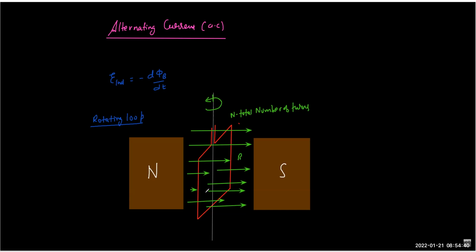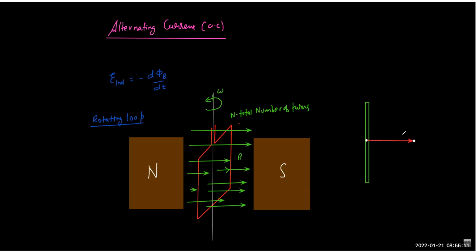And as per the orientation of the loop, if the area vector of the loop is along B, the flux is maximum. But as it turns with constant omega, the flux will change. So imagine the loop I'm representing like this in the very beginning, and the B direction is like this.